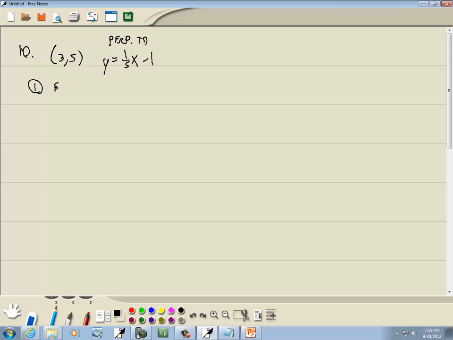So our first step is to find m. First substep within that is write the given line in slope-intercept form. Means we want to solve for y.